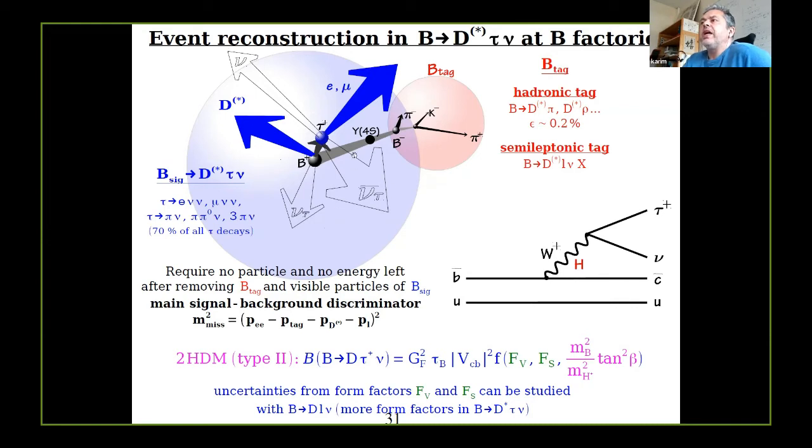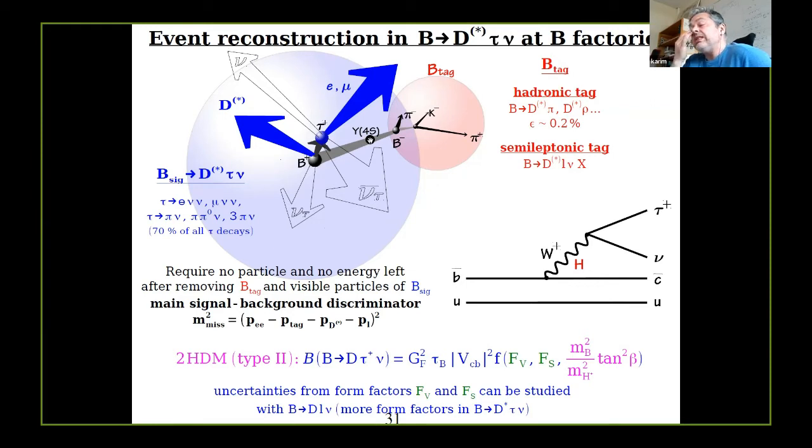So you cannot do this exclusive reconstruction that I was mentioning for K star gamma or for K star mu or K star PP. For that, you need to improve the information you have on the final state and constrain the kinematics.